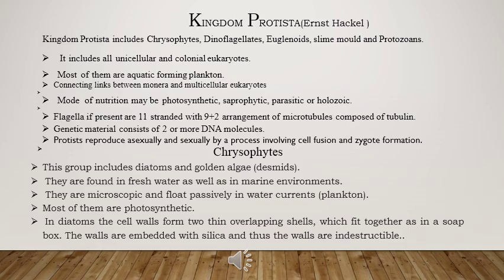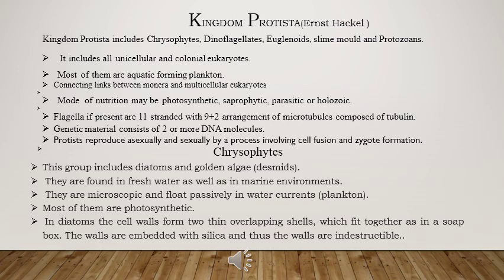It reproduces asexually by binary fission, multiple fission, or budding, whereas sexually by the process of self-fusion and zygote formation. The first group of Protista is chrysophytes.